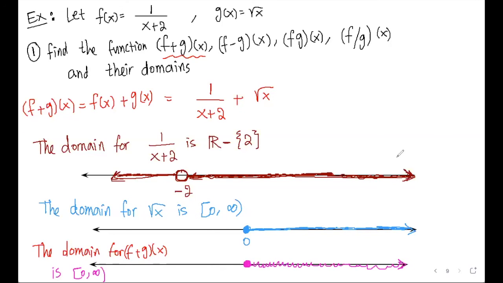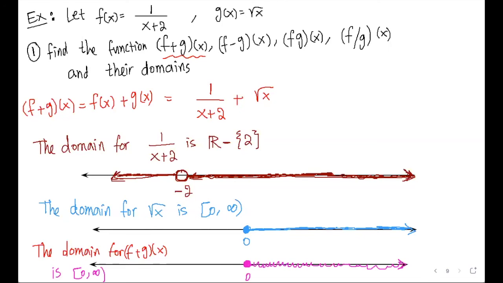For any number less than 0, it is used for this line, except -2, but here it isn't used at all. So it does not intersect. The domain will be the intersection from 0 to infinity. The 0 is inside because they intersect at 0. Any question for this one?